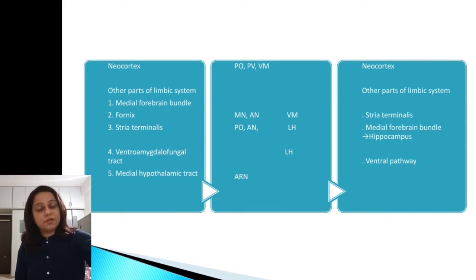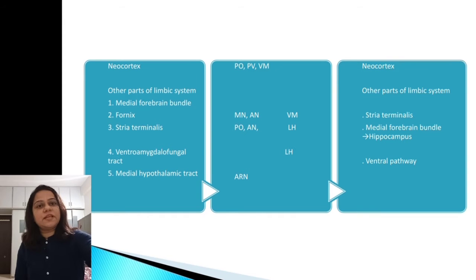This is the table showing afferent and efferent connections of the hypothalamus. Afferent fibers from the neocortex project mainly to the preoptic, paraventricular and ventromedial nuclei of hypothalamus. Then fibers from the hypothalamus are distributed widely in the different areas of the neocortex.